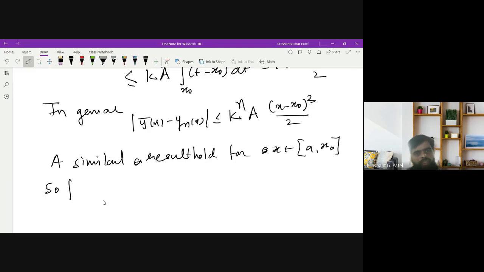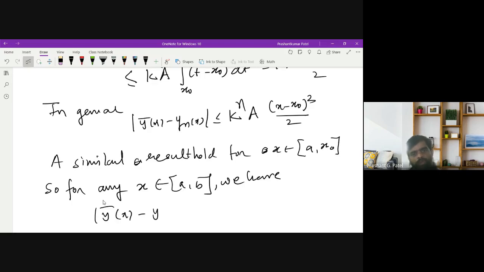So for any x in this interval AB, we have mod of y bar of x minus yn of x less than or equal to k power n into a times mod of x minus x0 raised to n upon n factorial.